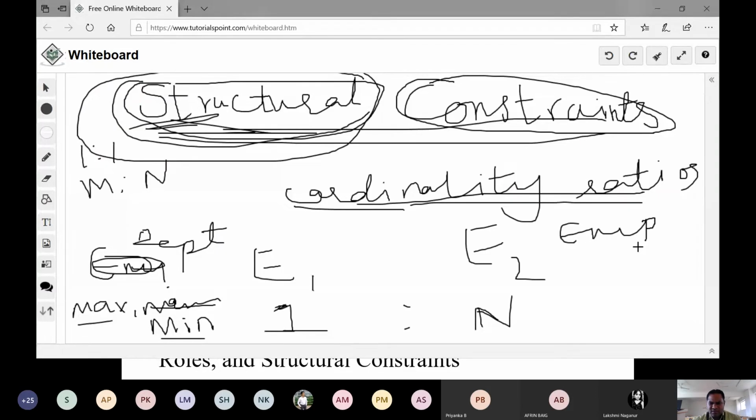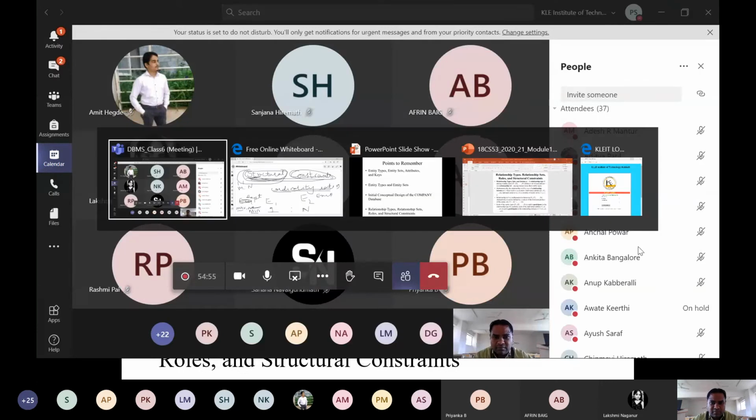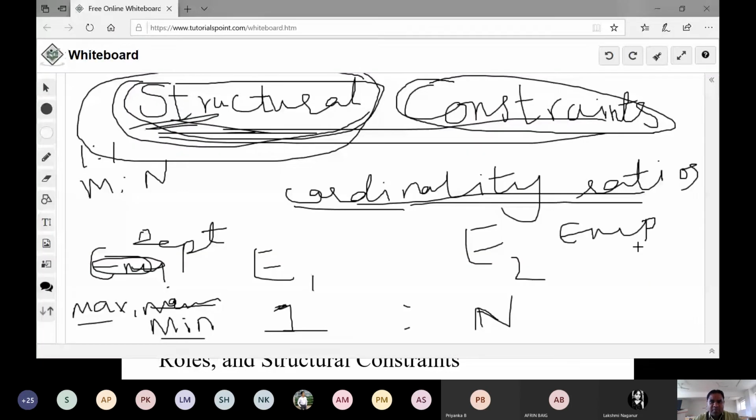Is this visible, guys? Yes, sir. Now cardinality ratios will not change, but structural constraints can change. How they can change, let us observe now.